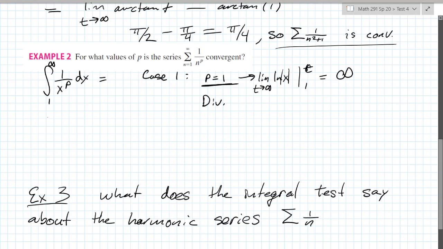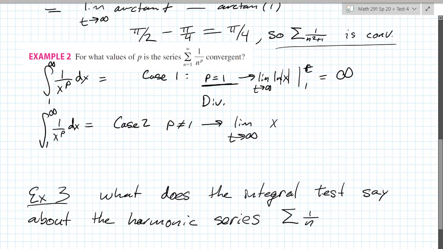Okay, what if p is not 1? Case 2, p is not equal to 1. Then we have the limit as t approaches infinity of, this is now the power rule, x to the negative p plus 1 divided by negative p plus 1 from 1 to t.